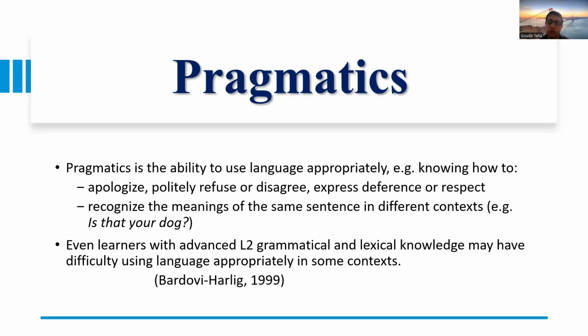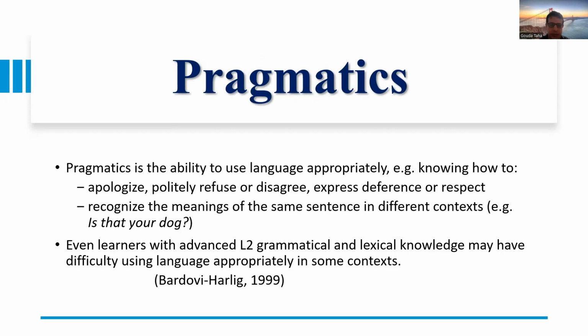It's the ability to use language appropriately, knowing how to use it, when to use it, and its intentional meaning, not only the form, the literal meaning, but more of the situational or social meaning. So if you're apologizing, you know how to do that politely, and also if you're refusing or disagreeing or expressing difference or respect, you recognize the meanings of the same sentence in different contexts.